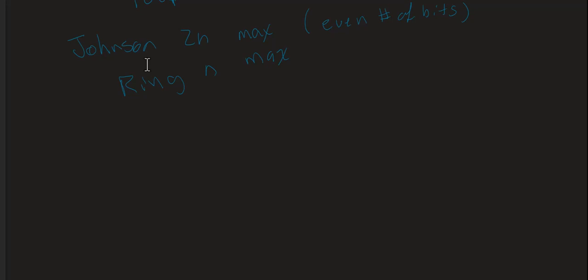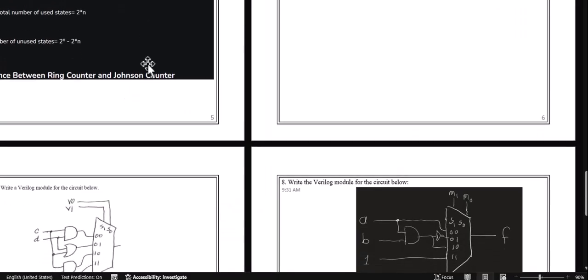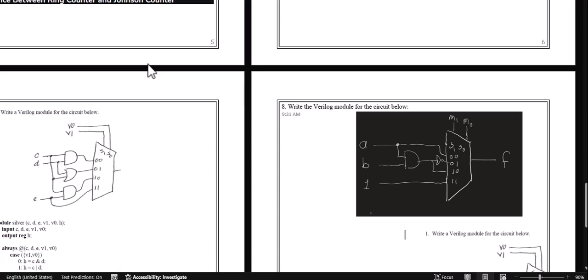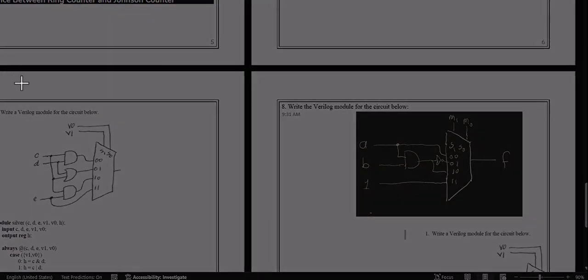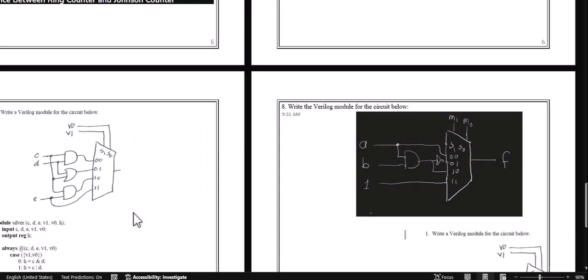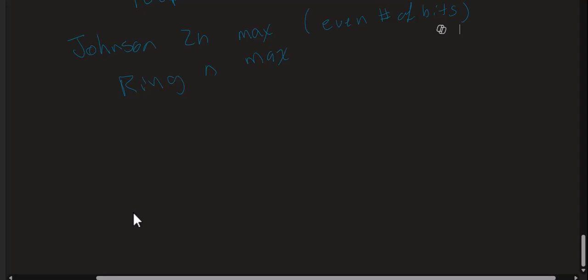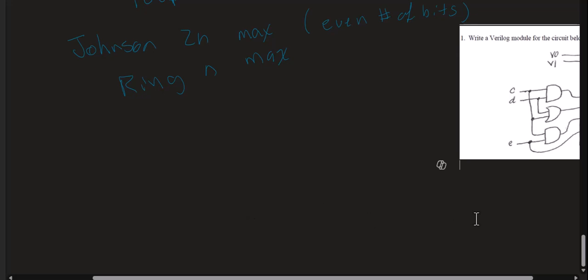Okay, so now we're going to do some Verilog with a multiplexer. So what does a multiplexer do?